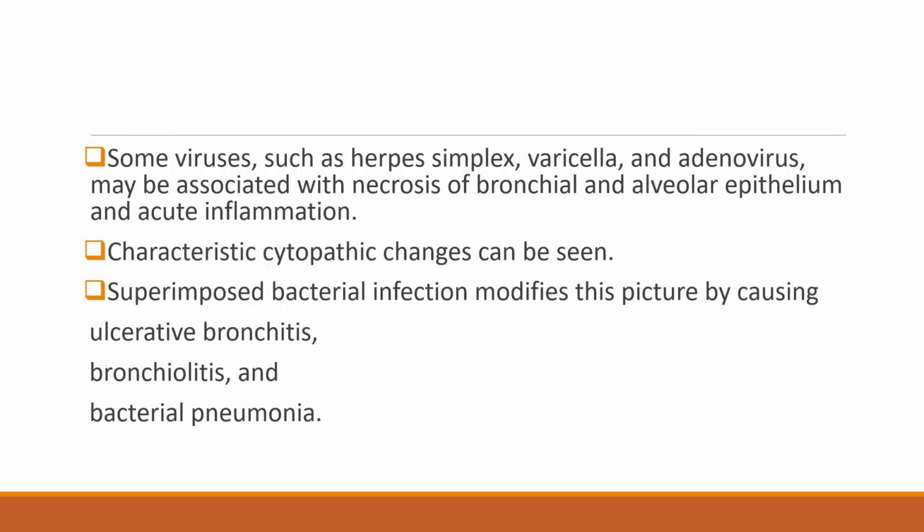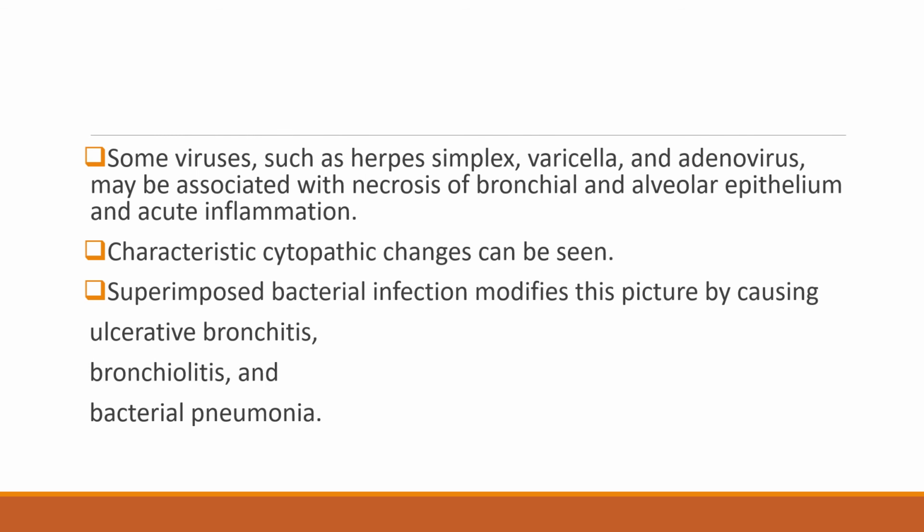Some viruses such as herpes simplex, varicella, and adenovirus may be associated with necrosis of the bronchial and alveolar epithelium and acute inflammation. Characteristic cytopathic changes can be seen, and some are specific to certain viruses.